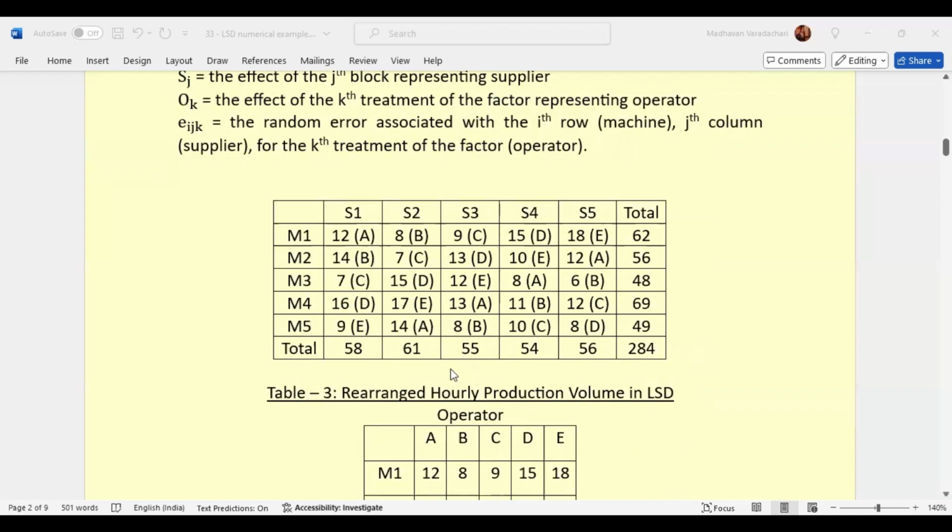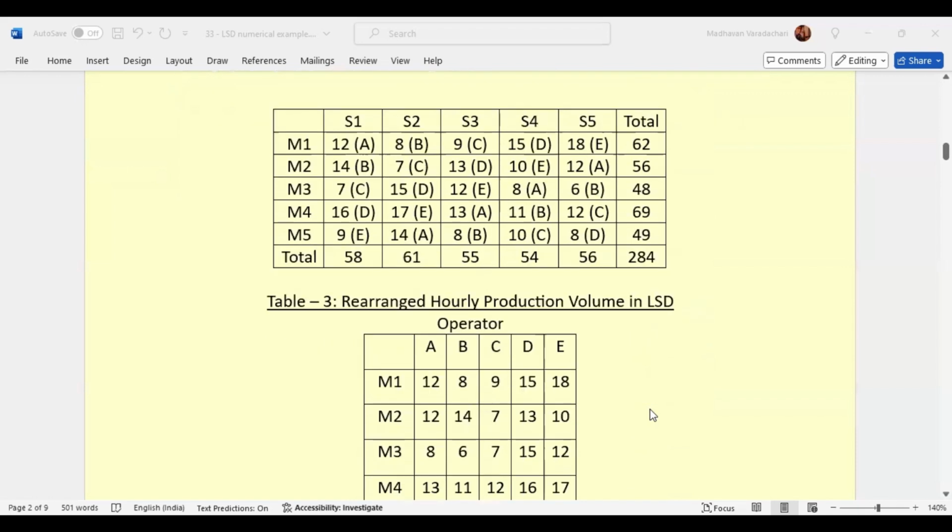Then we are rearranging the hourly production volume in LSD based on the operators, meaning operator A, B, C, D, E. So for example, for machine 1 and operator A, it is 12, we wrote here. Machine 1, operator B, where is that?